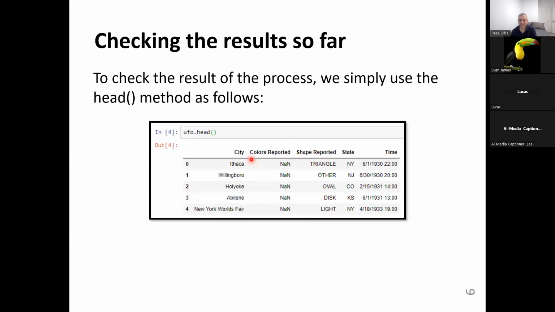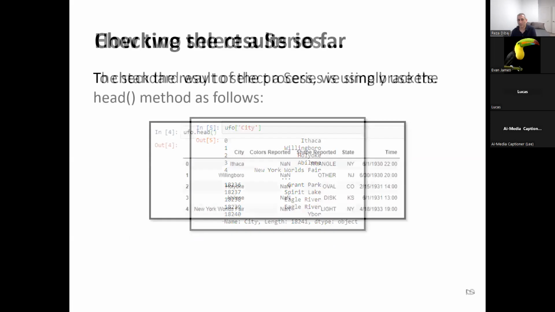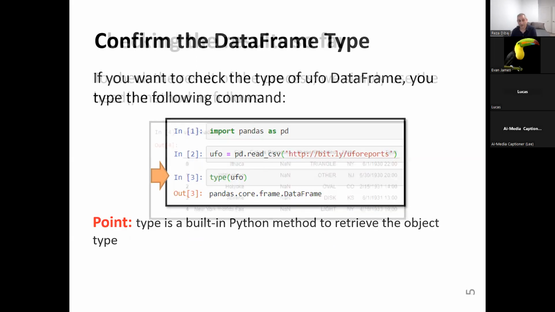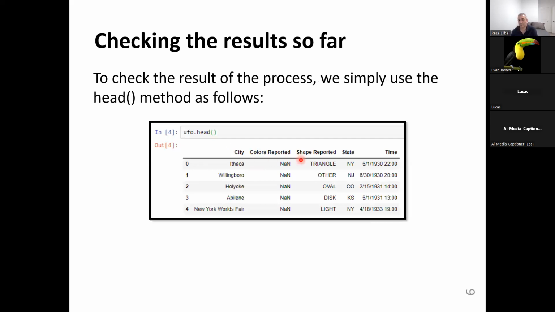Do you see that the second column is colors reported? So I want you please use UFO dot, I'm sorry, UFO dot, where is it? Colors reported. And if you get the same result, please type 6.